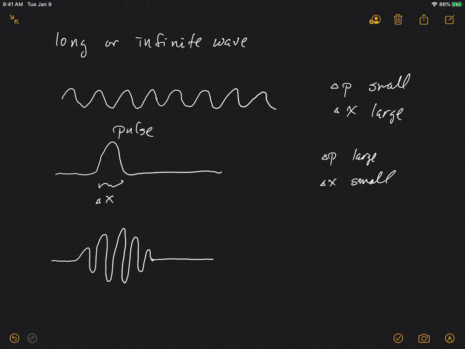Here you can count a few wavelengths, and there's some uncertainty associated with position, and there's also some uncertainty associated with momentum. So this is sort of the Goldilocks case where they both have sort of moderate uncertainty.